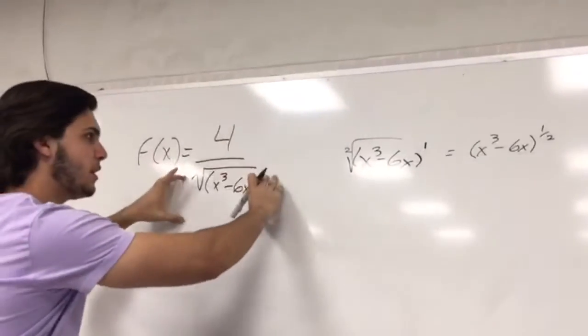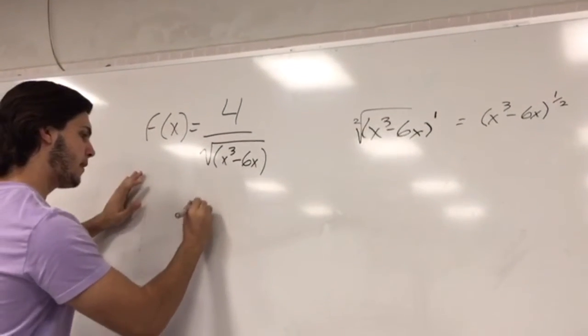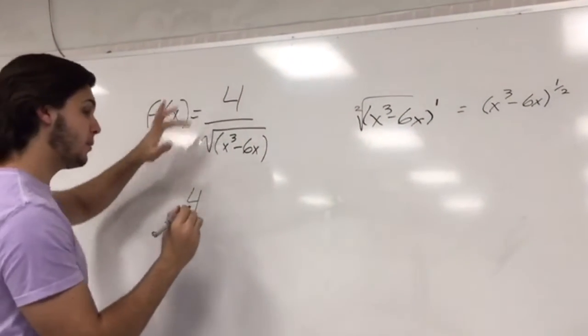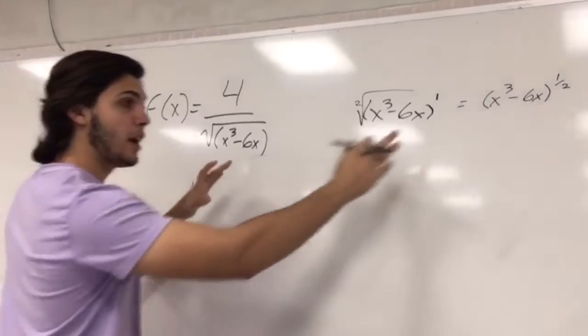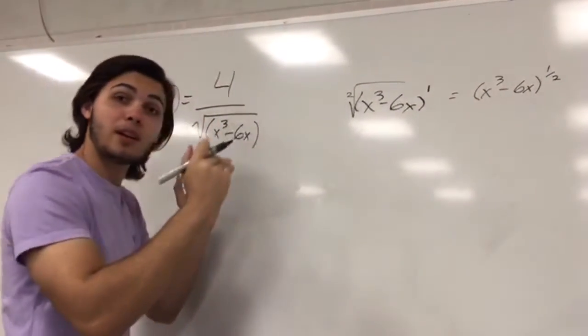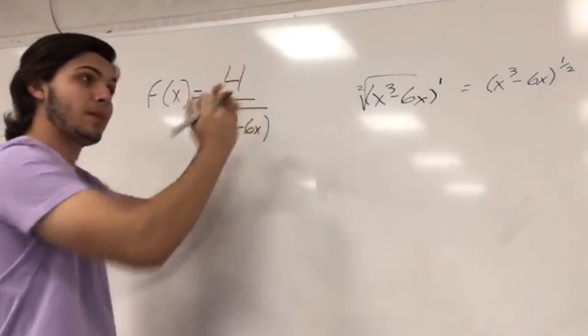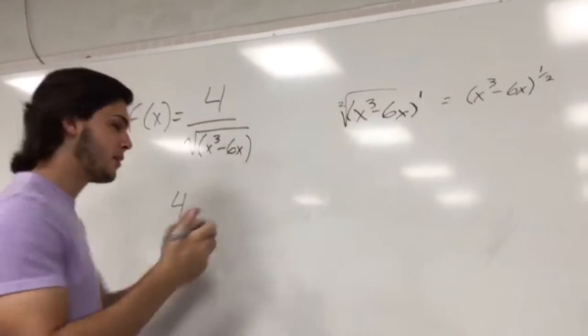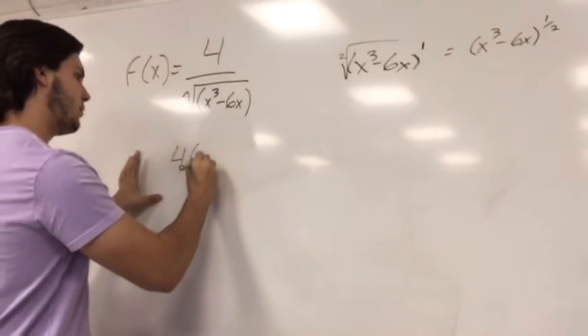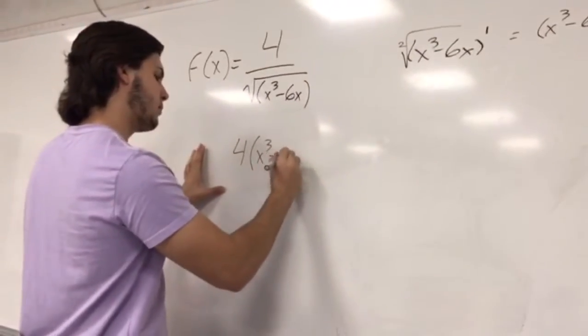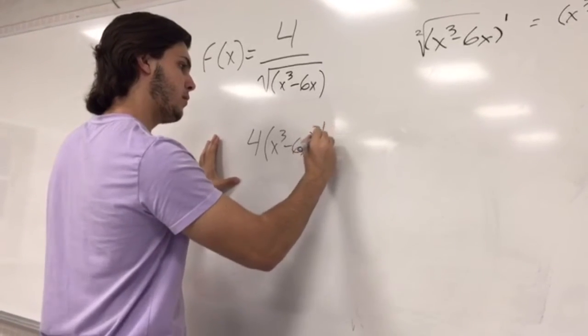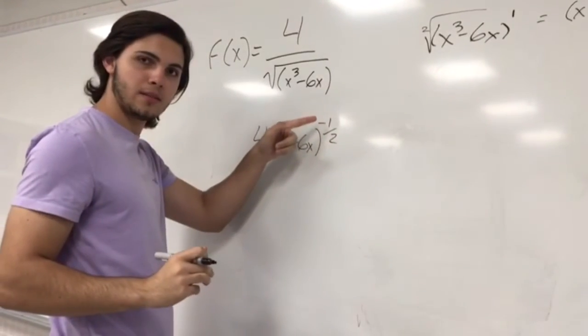So we are going to move this upwards, and we're going to be left with the same 4, and I'm going to plug it like this, but as I'm going up, that's going to be a negative exponent. See, I changed the signs.